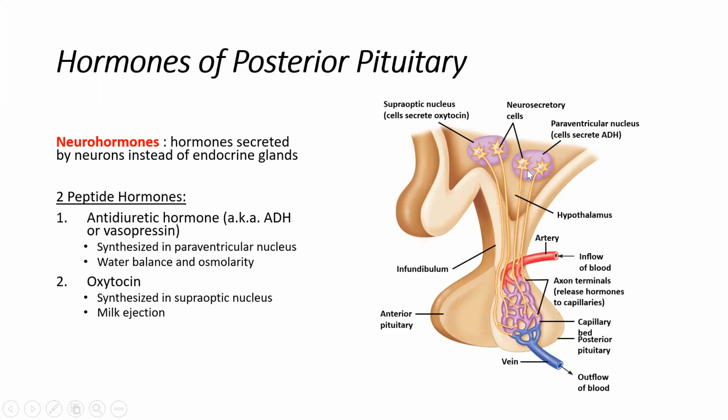Specifically, ADH, also called antidiuretic hormone or vasopressin, is released from the paraventricular nucleus of the hypothalamus, and it's released via the axonic connections that travel all the way down through the infundibulum down to the posterior pituitary. And this is how those hormones made in the hypothalamus can release into the blood down here in the pituitary.